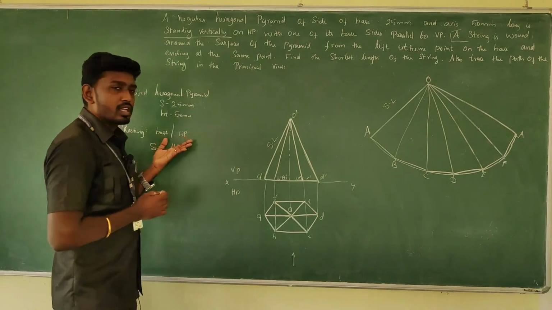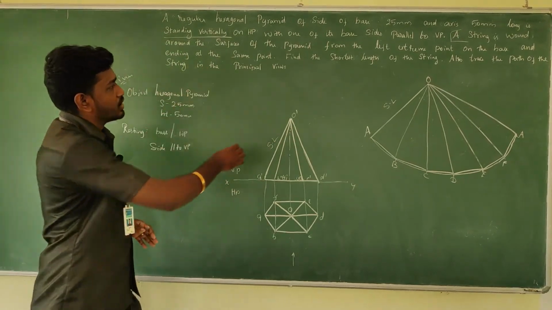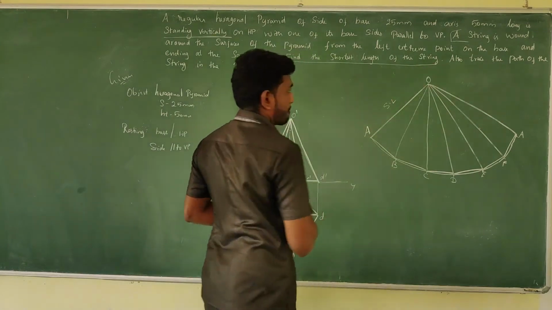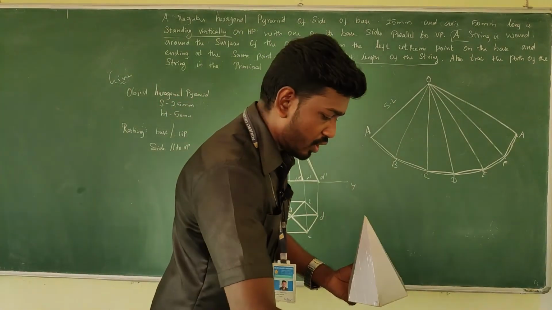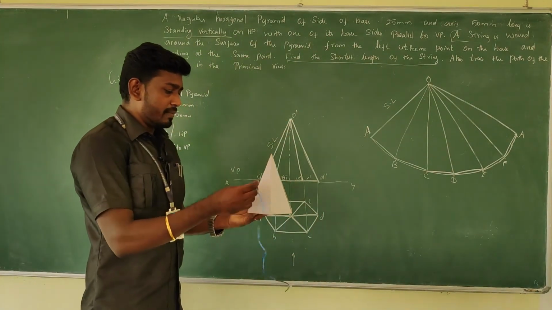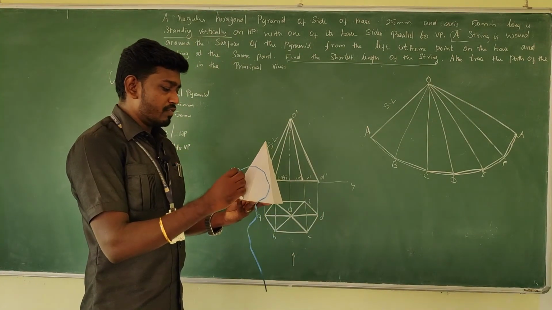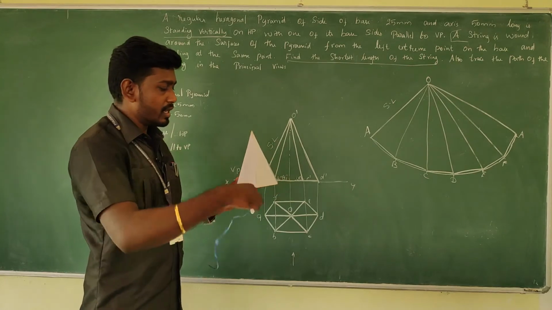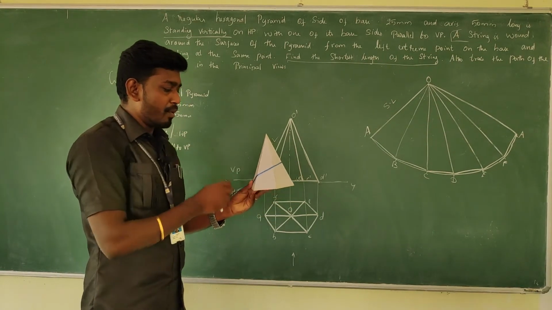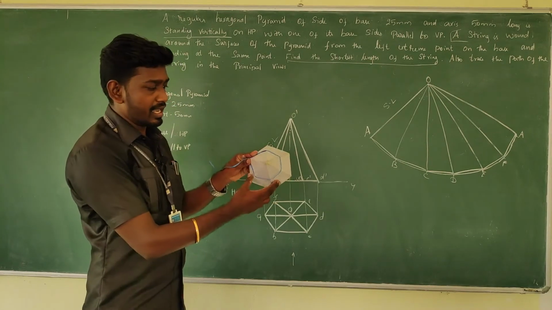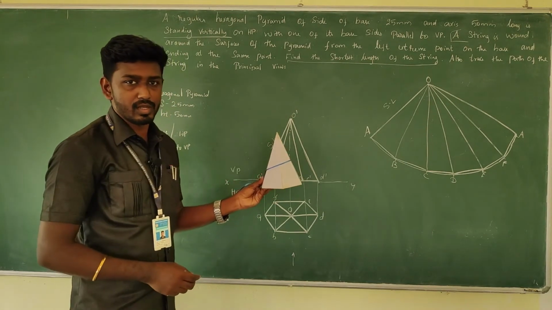We need to identify the shortest length of the string. We know the string is being wound from the left extreme point and just taking it around, coming to the same point, something like this.